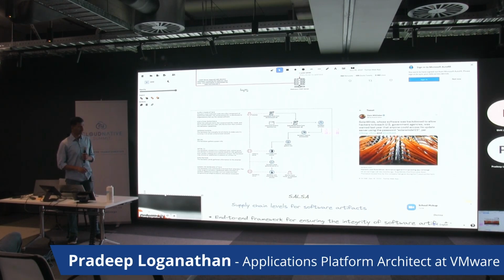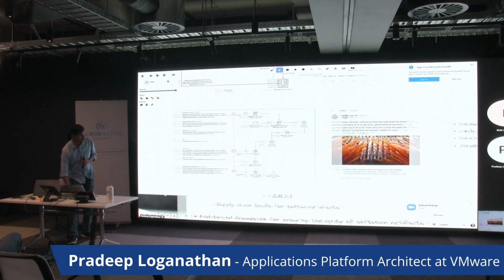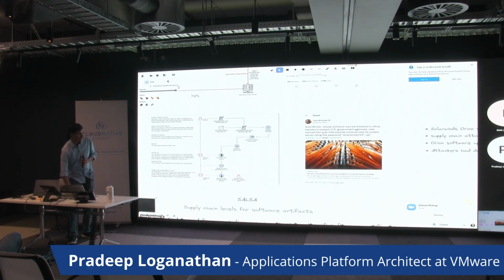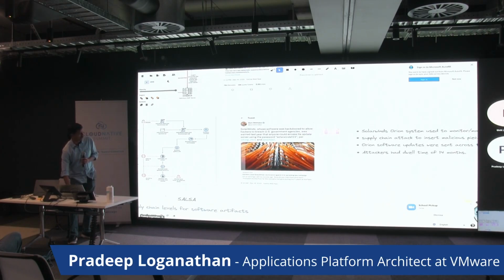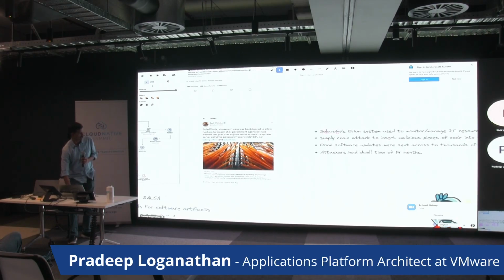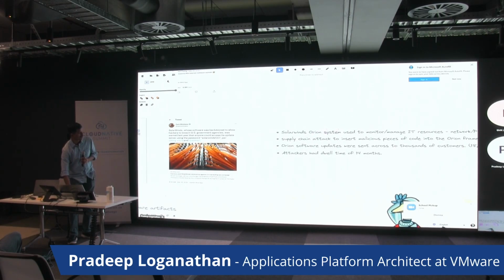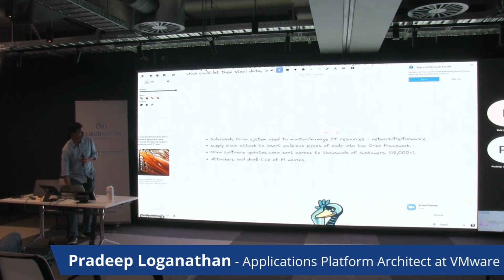Again, they were impacted by a malicious piece of code which was injected into their update system, and when this update was rolled out to customers, a lot of customers were impacted. Orion was their update software, and that was impacted, and this resulted again in malicious code being pushed out to a lot of customers across the globe.